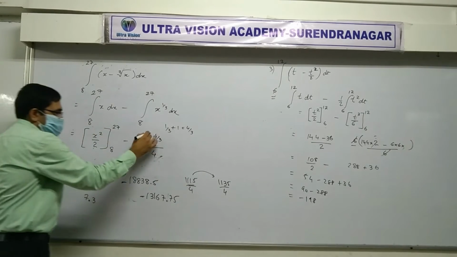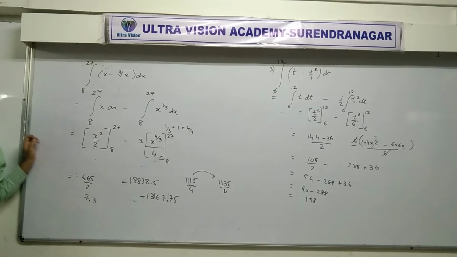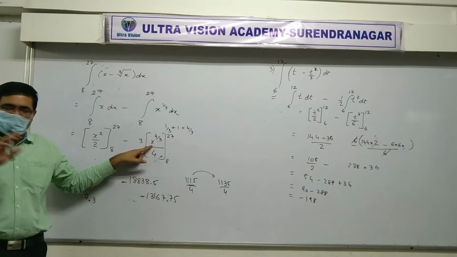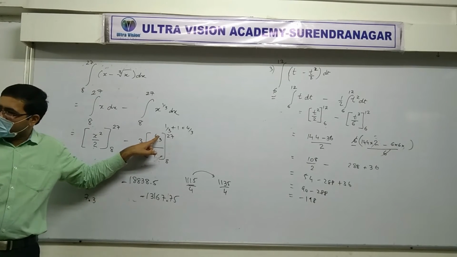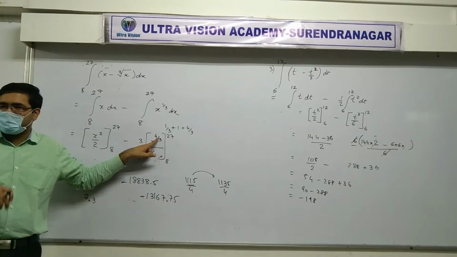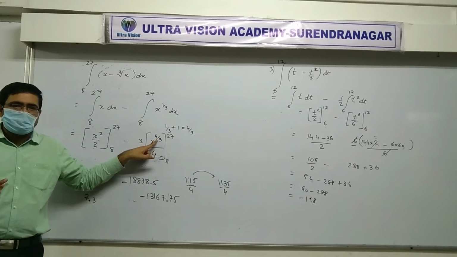Okay. Who did it right till this step? I believe the most common mistake would be this power: 1 by 3 plus 1, and people put 1 there. Who made a mistake with this power?